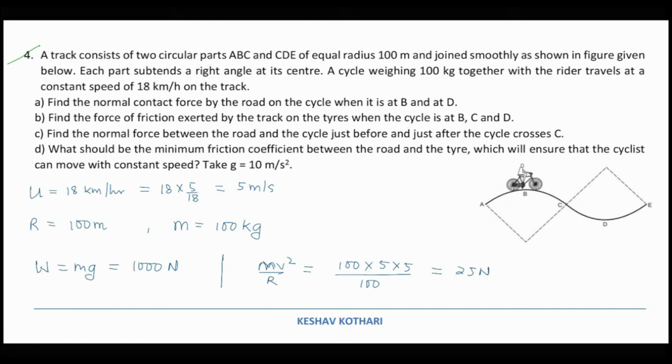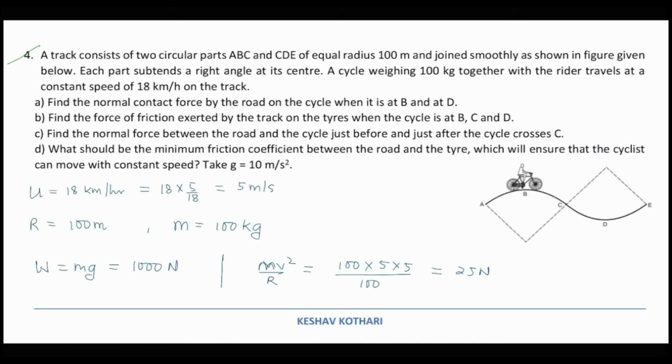So if I consider the first one, find the normal contact force by the road on the cycle when it is at B and at D. If I consider this by drawing an arc like this, in the first part over here, the weight of the cyclist is acting in the downward direction, that is mg, and the force mv square by r is acting in the outside direction.